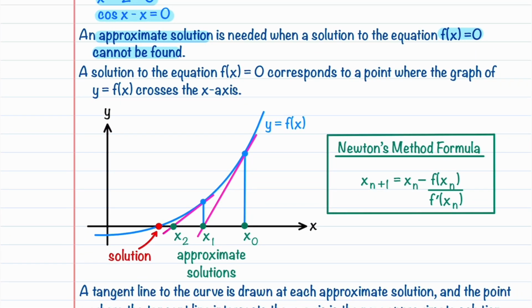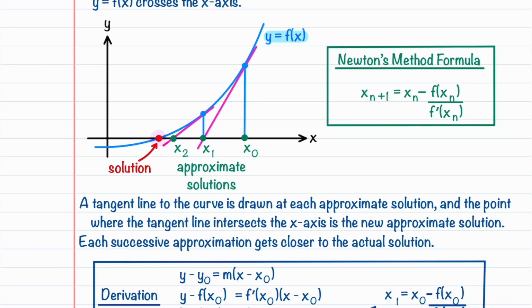A solution to the equation f of x is equal to 0 corresponds to a point shown down here where the graph of y is equal to f of x crosses the x-axis.